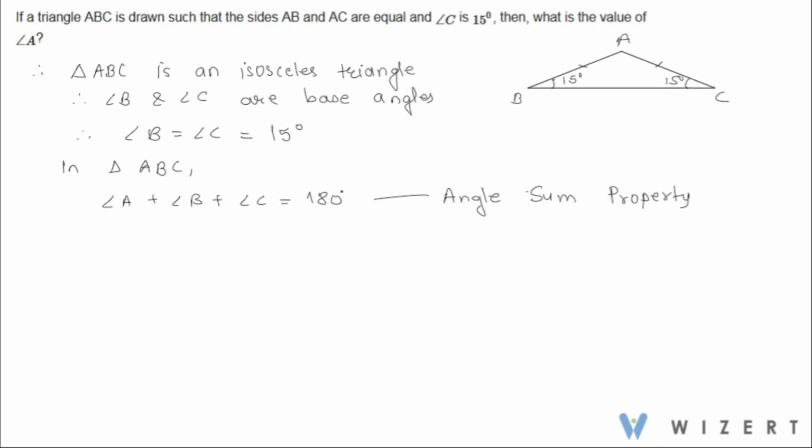So let's see, we have angle A plus 15 plus 15 equal to 180 degrees. Therefore, angle A plus 30 equal to 180 degrees. Therefore, angle A equal to 180 minus 30. Therefore, angle A we get as 150 degrees. This is the answer.